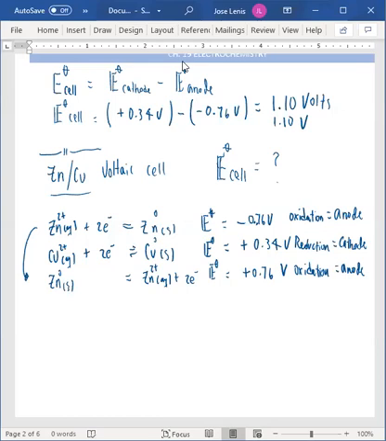Now we can add the two equations to find the potential of the cell. We add equation 1 and equation 2. Equation 1 is the reduction half reaction, and equation 2 is the oxidation half reaction.